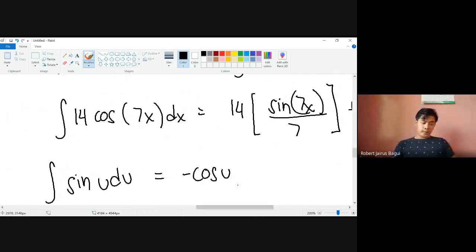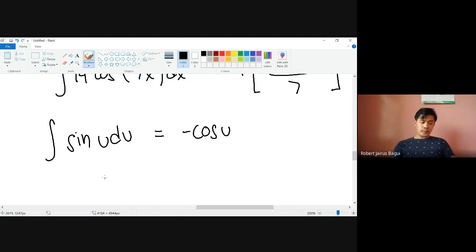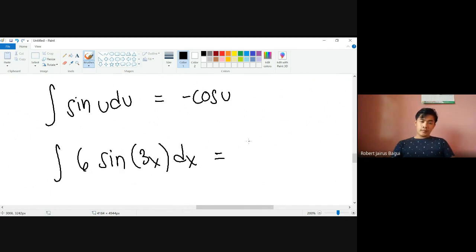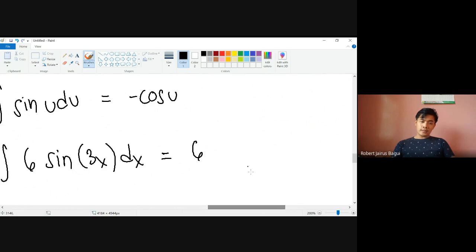Yan. So, enter naman tayo dito sa sine u du, negative cosine. For example, integral ni 6 sine 3x. Again, labas ko muna yung 6.